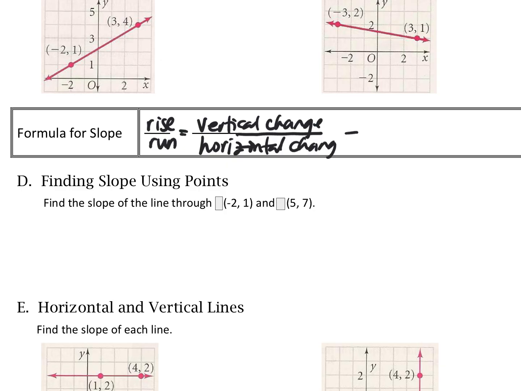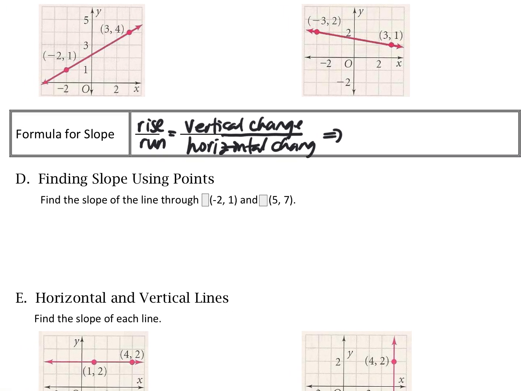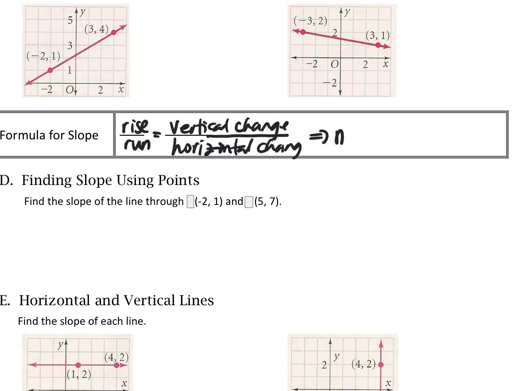Now, in its grandest form, the slope formula is represented by m. That's going to be m is equal to y2 minus y1 all over x2 minus x1.